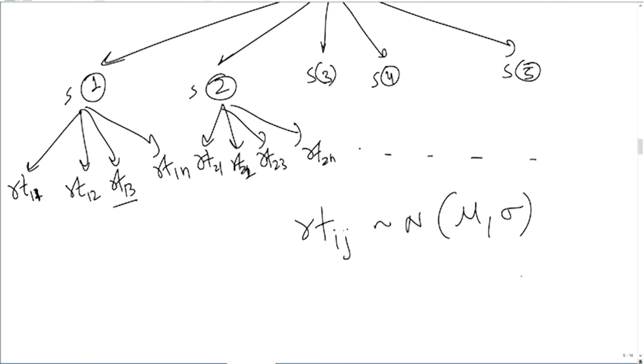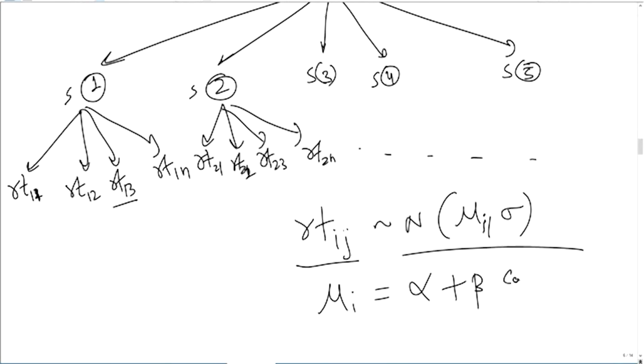This is the assumption we have been making so far in our linear regression models, right? What we do in linear regression models is that RTij comes from normal mu i sigma such that mu i equals alpha plus beta into condition, or let's say frequency. Let's say these average reaction times are affected by frequency.